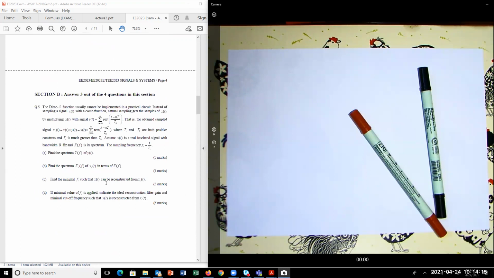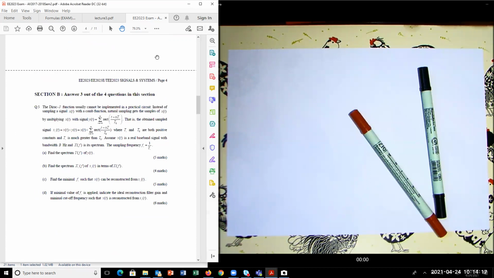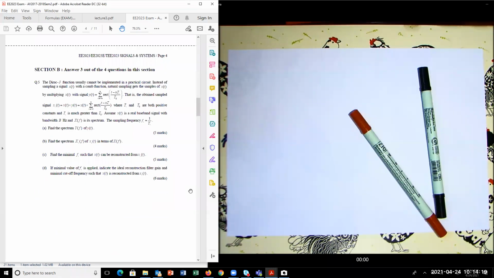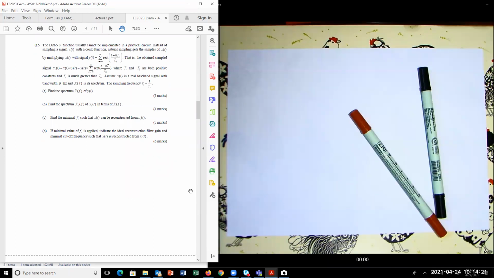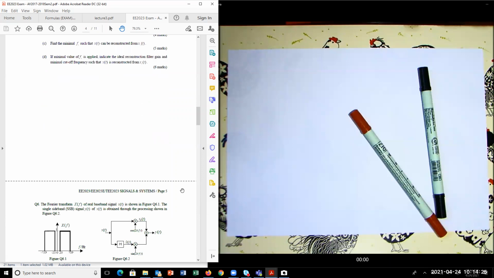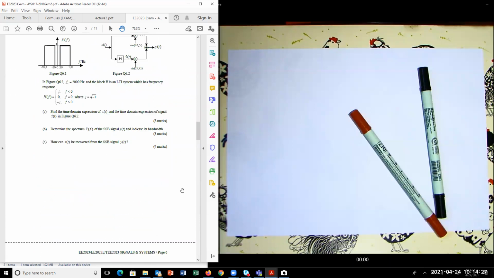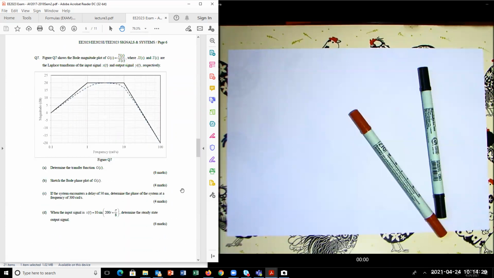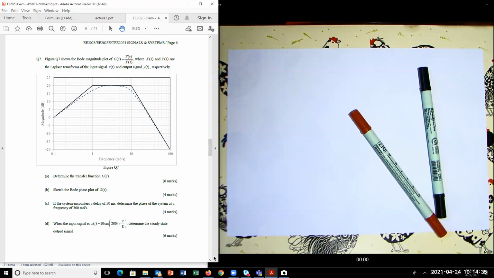I lost my chat window on my main screen. If you're asking me a question, please send it to everyone so I can see it on my other screen, because I lost my chat window here. Question 7 and 8, this one, right? Please ask the question not directly to me, but to everyone so I can see. Okay, what's the question, Timothy?